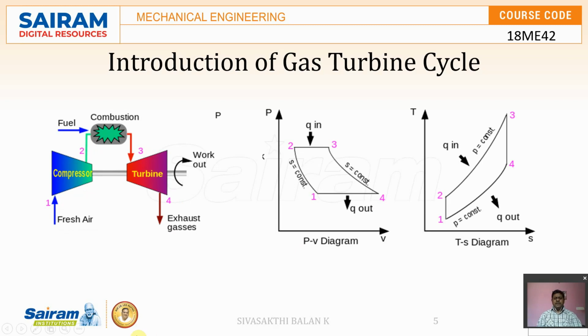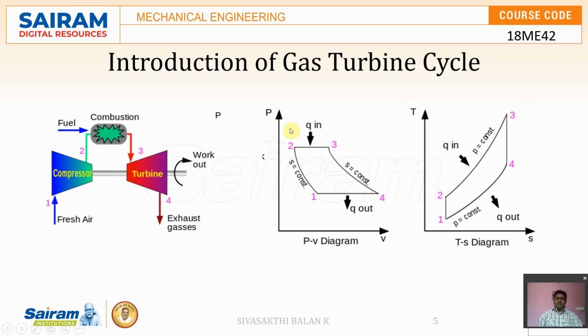When we see the PV diagram and TS diagram, it looks something like this. There are four processes. State 1 to 2 is an isentropic process, so entropy remains constant; we can see S1 and S2 are the same in the TS diagram. 2 to 3 is the constant pressure heat addition process, an isobaric process, where temperature increases drastically because combustion takes place here. 3 to 4 is again an isentropic process, S3 and S4 constant, which you can easily observe in the TS diagram.